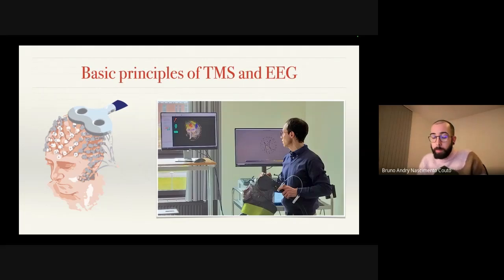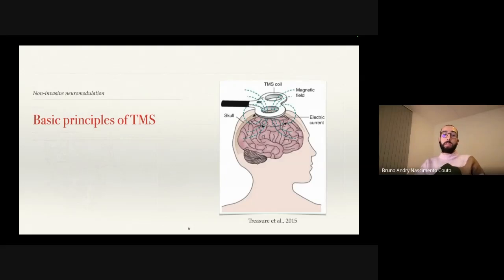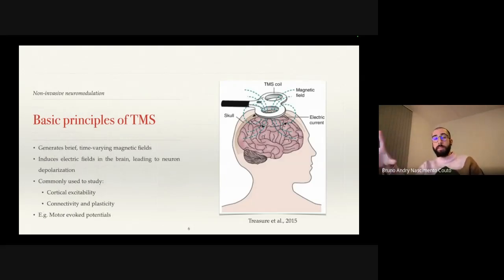So, mentioning the basic principles of TMS. TMS is basically a coil, usually two coils packed together, where you generate a brief time-varying magnetic field.